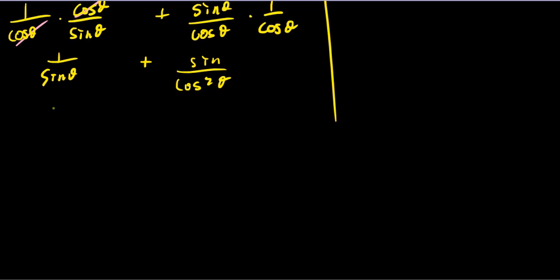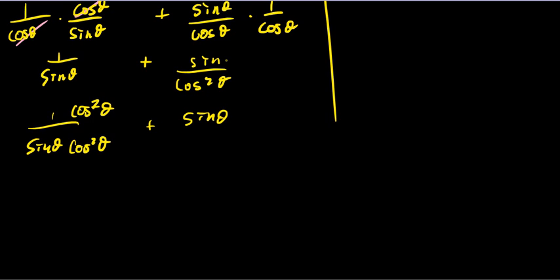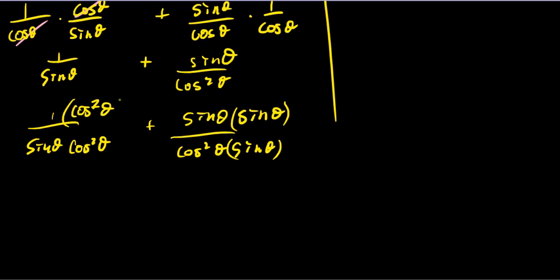All right, so that means I have 1 over sine theta, and I need a cos theta. So let's do that, which means I got to do this on top as well. Now this one over here, I have sine. Oh, I just said not to do that. And this is cos squared theta. Now I need a sine theta here, don't I? So that means I need to do this. Okay, getting a common denominator.